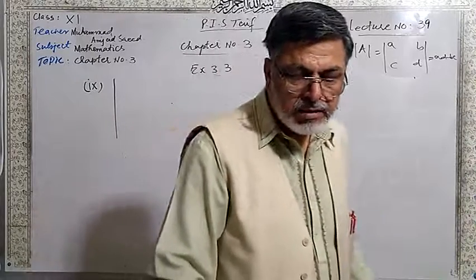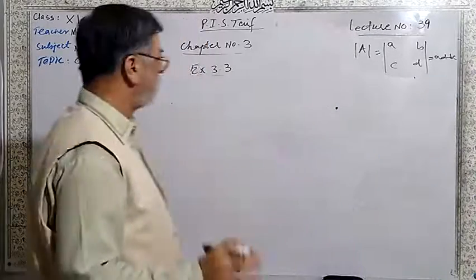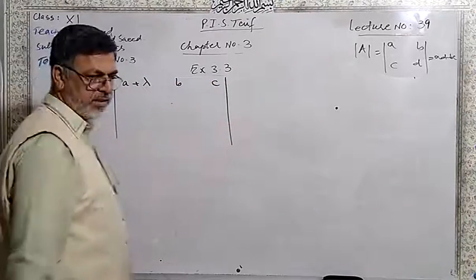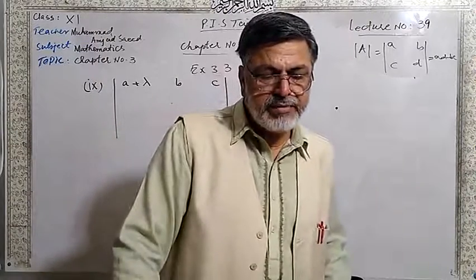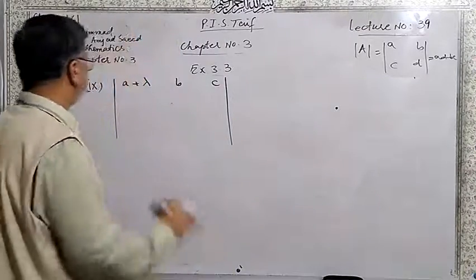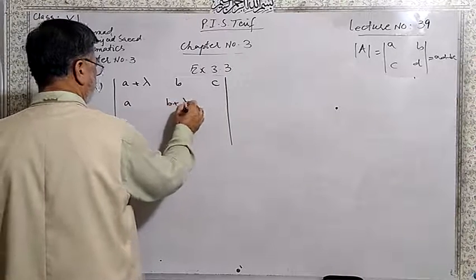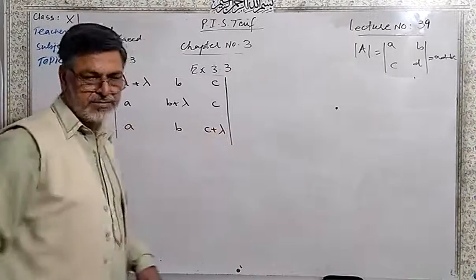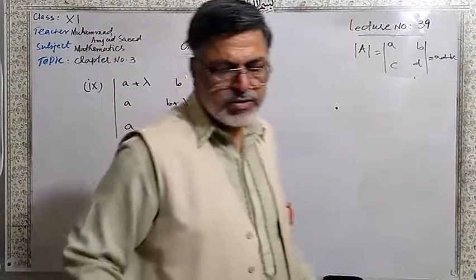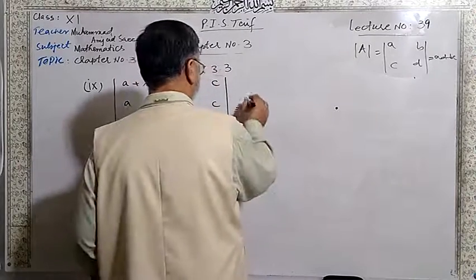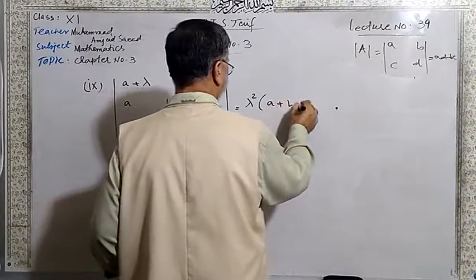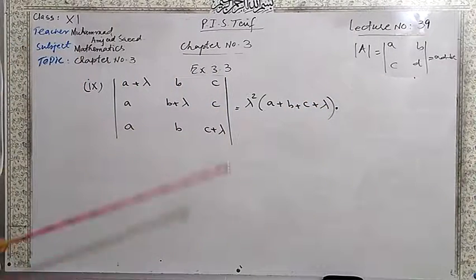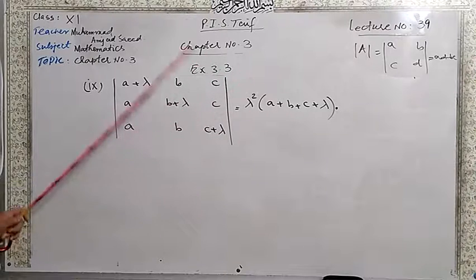The determinant with rows A plus lambda, B, C; A, B plus lambda, C; A, B, C plus lambda is equal to lambda square into A plus B plus C plus lambda. We have to prove that left hand side is equal to right hand side.